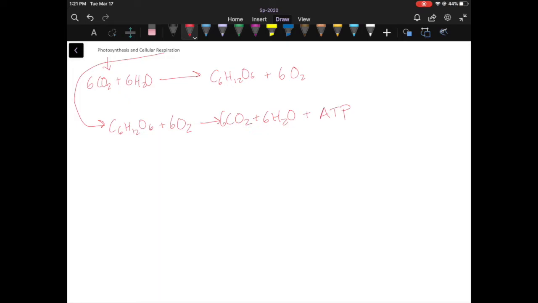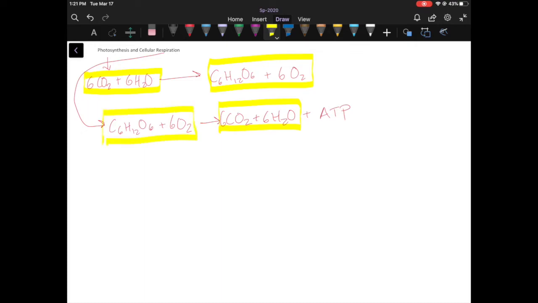Alright, so if we look at the reactants for photosynthesis, carbon dioxide and water, we notice that those are actually the products of cellular respiration. And similarly, the products of photosynthesis are going to be the reactants of cellular respiration.